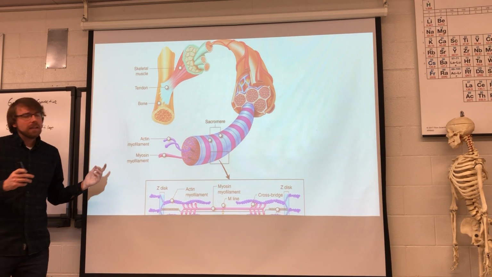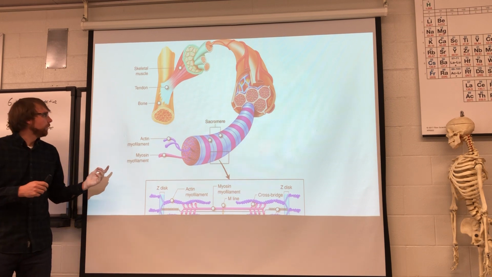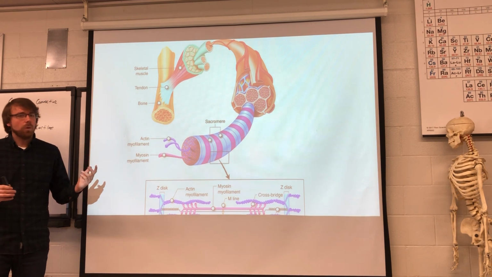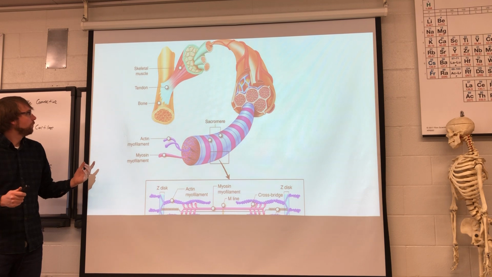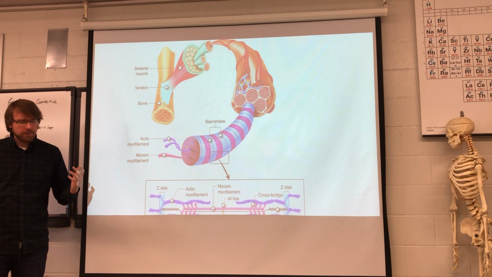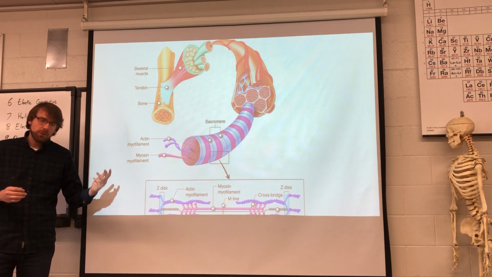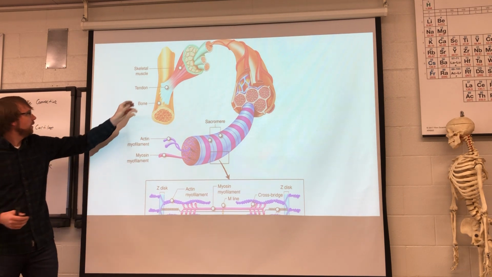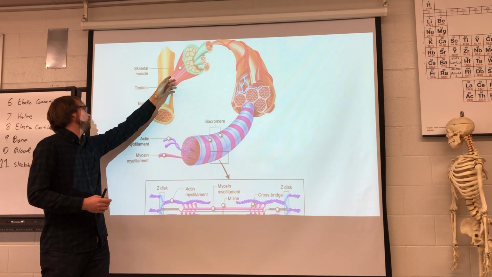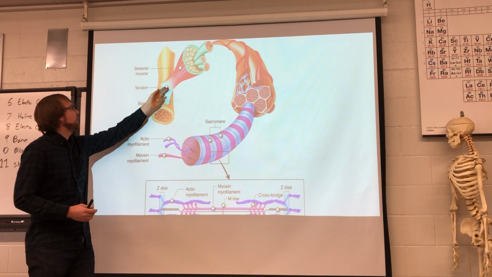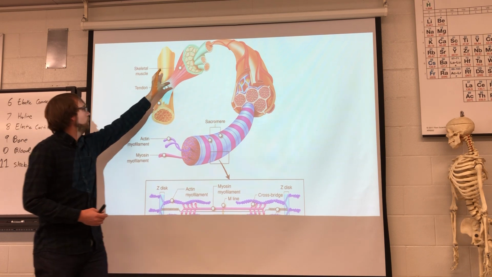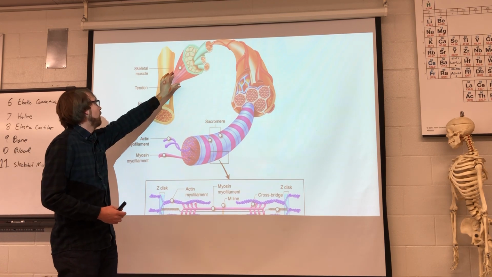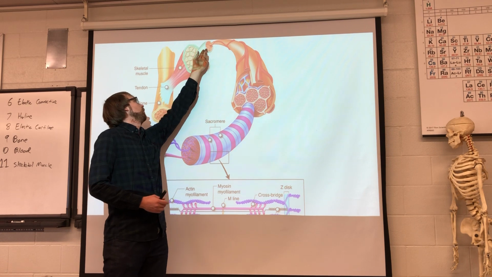So I think I'm going to stop here, but to go through what we've talked about so far. We're mostly talking about skeletal muscle right now. There are two other types. Skeletal muscle is attached to bone by tendon. Skeletal muscle is formed of groups called fascicles.